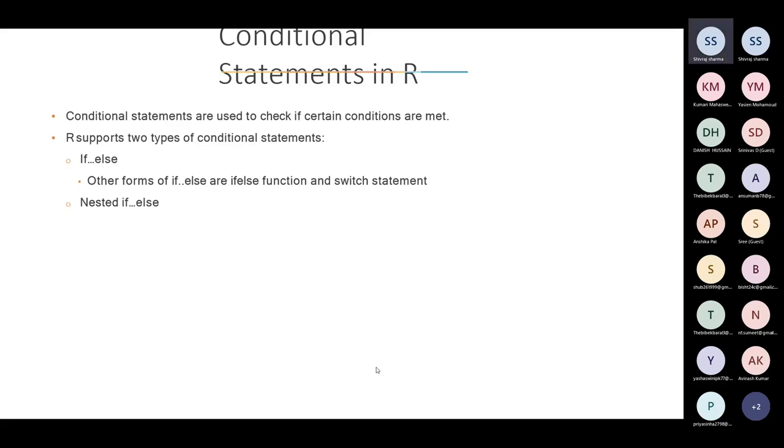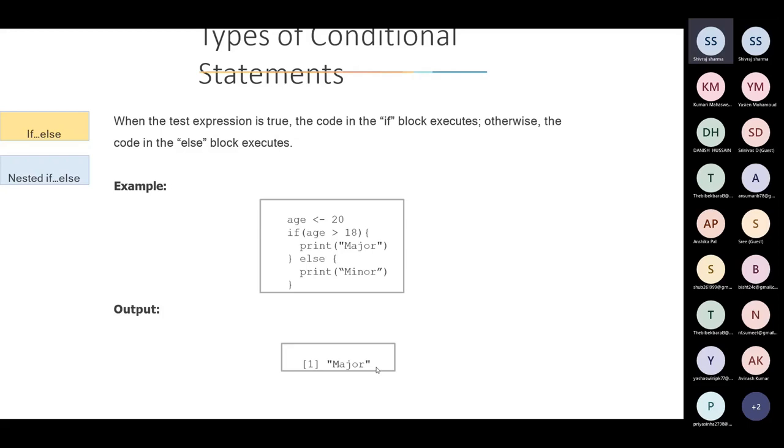It is easy: by understanding only one type of conditional statement, you complete your R language basics. It means if else and nested if else. Okay, let's do this example in RStudio.